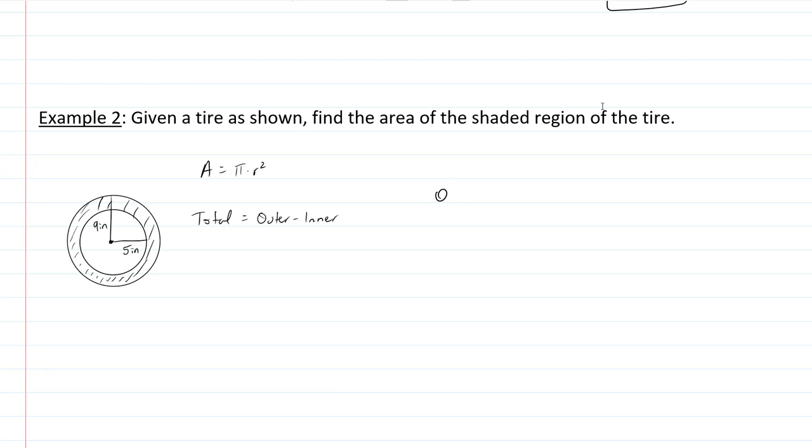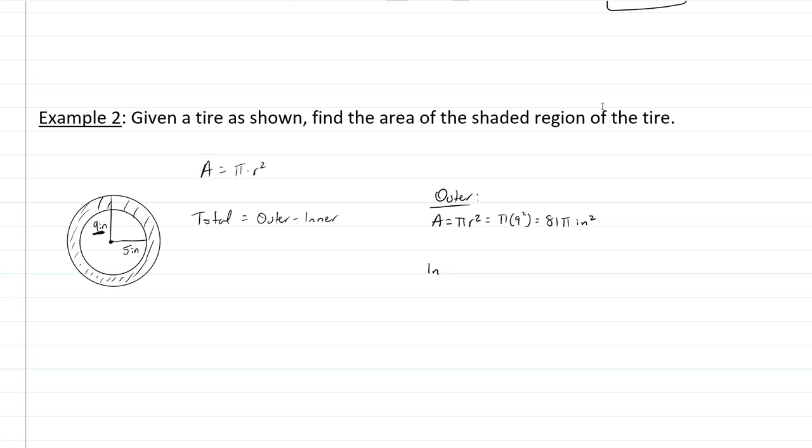So finding the outer, we have area equals pi r squared. The radius of the outer is going to be 9 inches. So pi times 9 squared is equal to 81 pi inches squared.